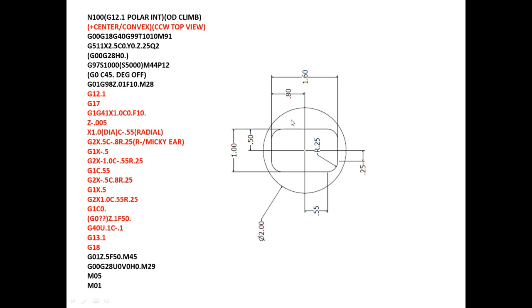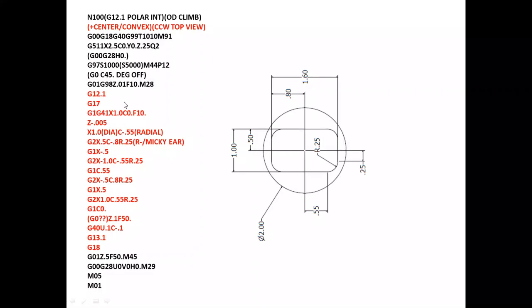We rotate the spindle and approach the cutting position. Now we start G12.1, the polar interpolation G-code. We have to designate which plane we're working on, because G2 and G3 are circular radius commands and the machine needs to know which plane.